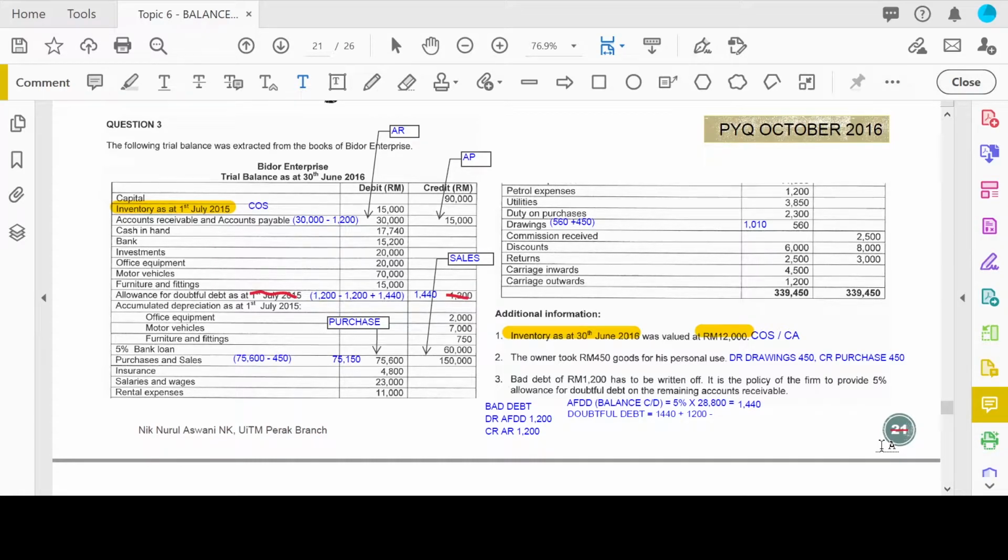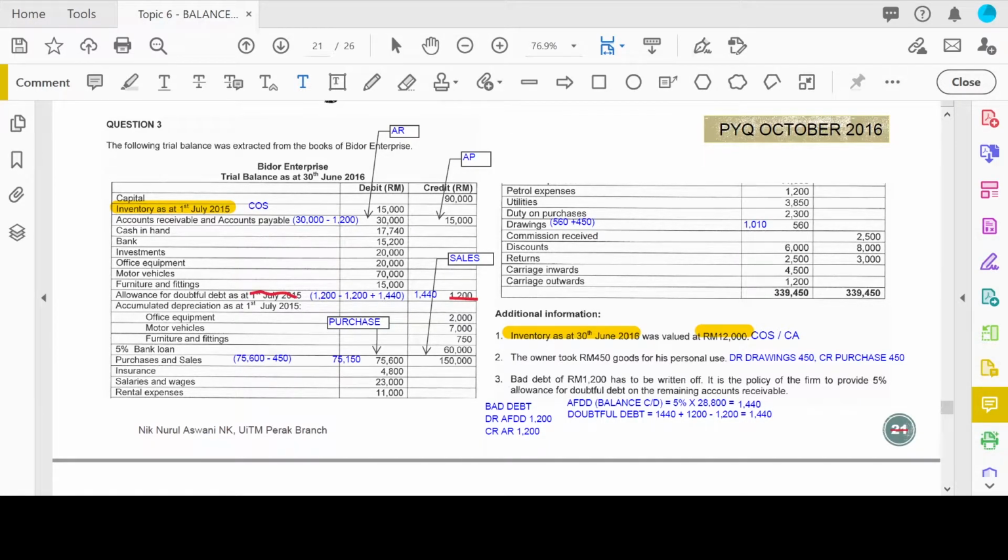In this case, the original opening balance is 1,200, but we want to replace that with 1,440. So minus the opening balance, which is 1,200. So there will be a doubtful debt to be recognized, which is the difference between opening balance and closing balance after you adjust for bad debt, equal to 1,440.